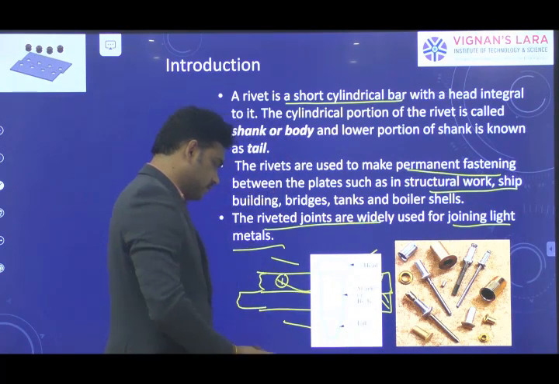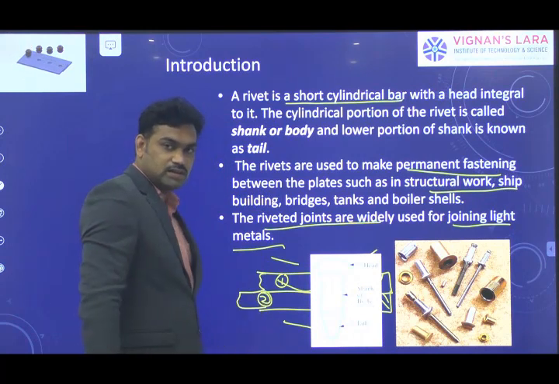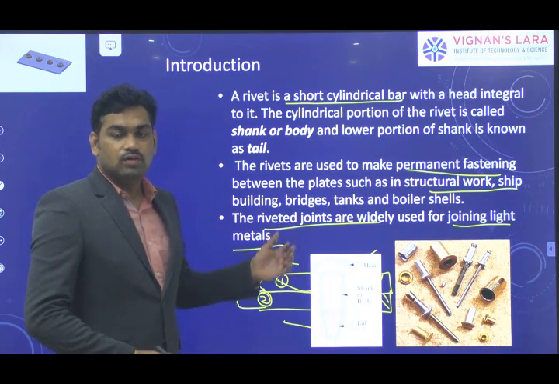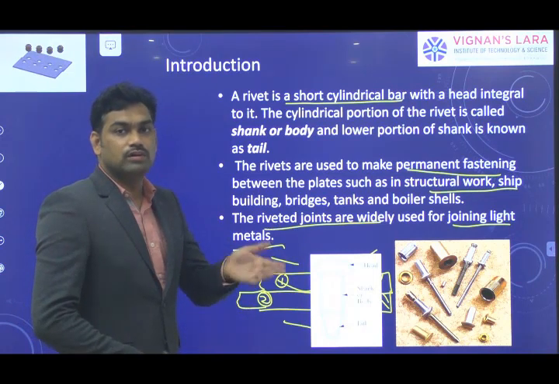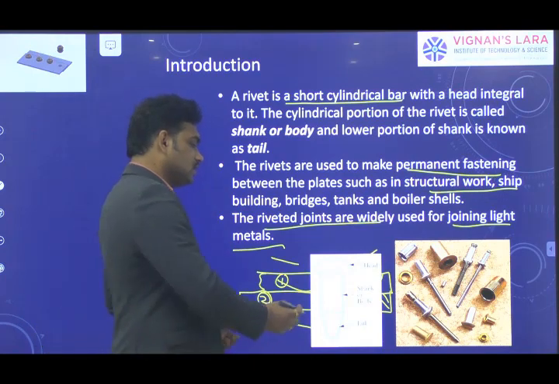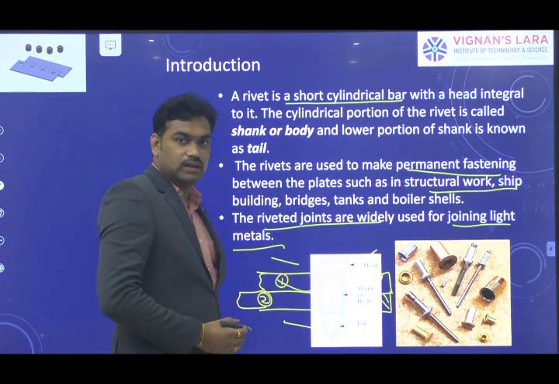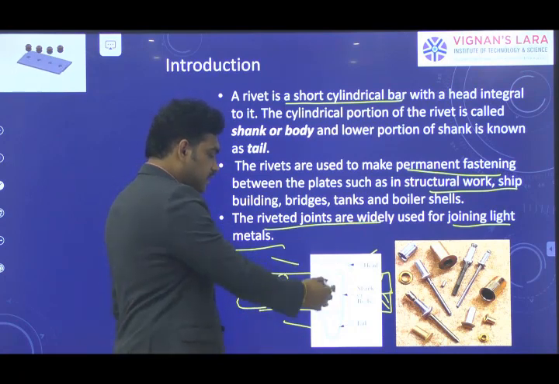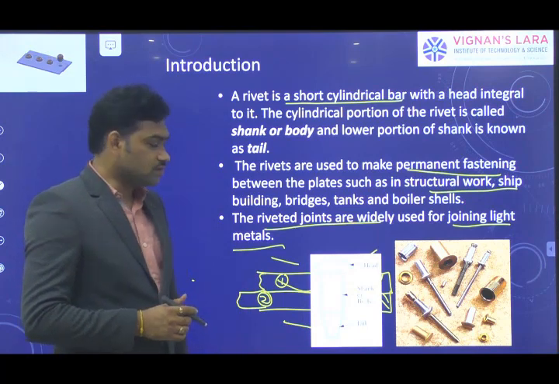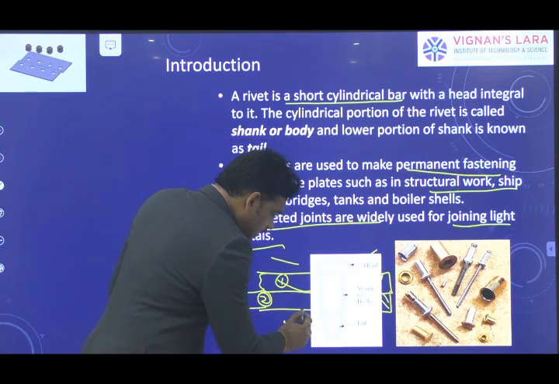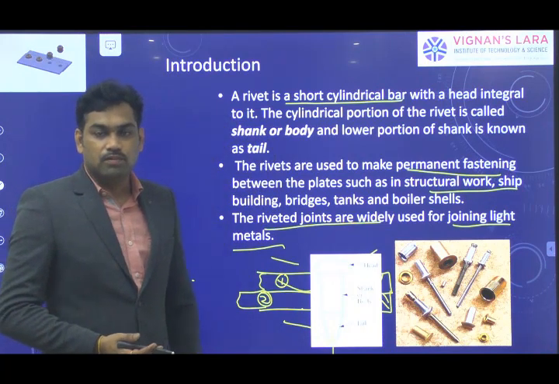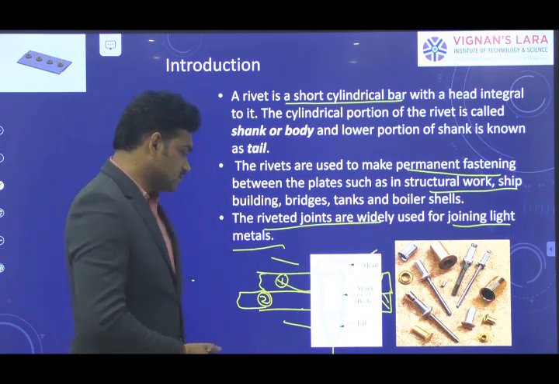For joining the two components by means of rivets, we need to drill holes in both machine components so that we can introduce the rivet in the hole. We align the axis of the rivet with the axis of the hole drilled in the two components. Then we apply an external force, by means of a hammer blow or a hydraulic press.